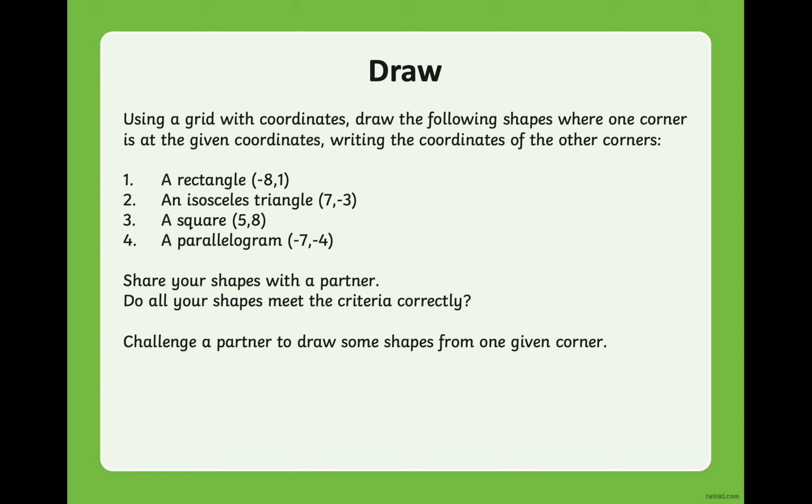One corner is -8 and 1. It can be a rectangle covering the first 2 quadrants, or covering the bottom quadrants. Because it's -8, it's to the left, and it's 1 up. So a triangle, square, and a parallelogram, all right?